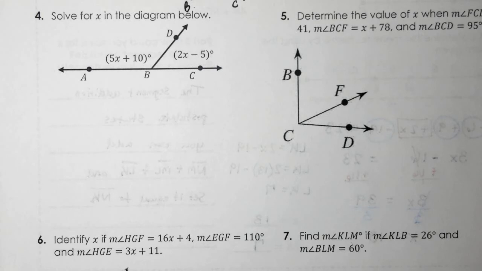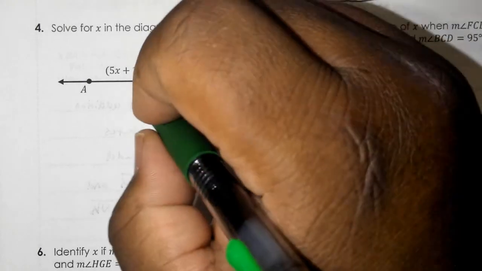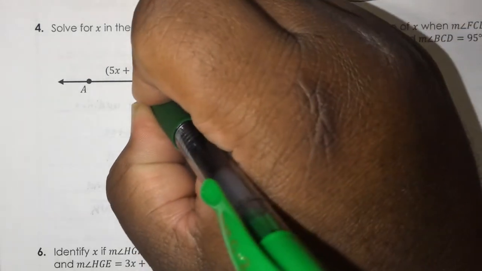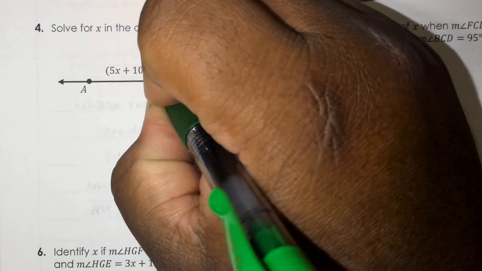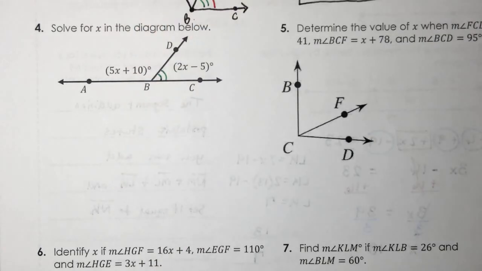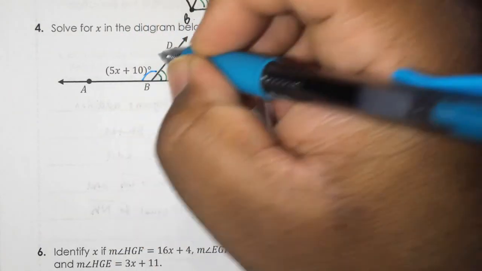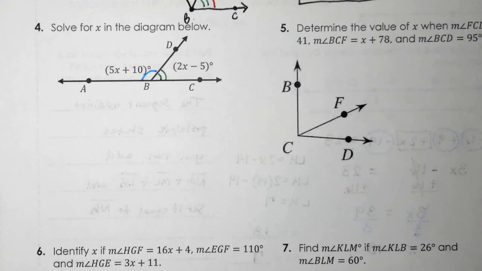Based on the way they have this, what angle relationship do these two angles have on number 4? I'll mark them for you. What's the relationship between this angle and this angle? Angle relationship. Everybody should know it.